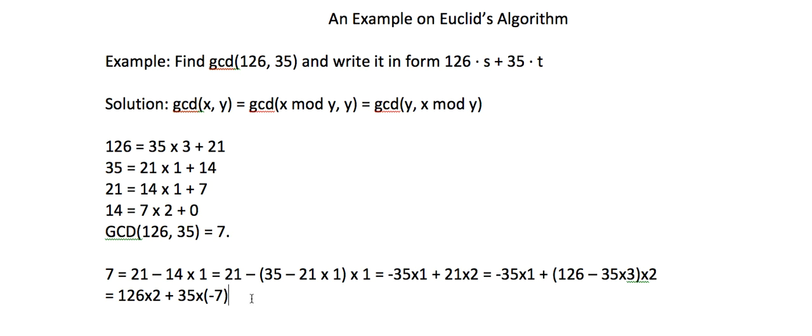So in total it is 35 times negative 7. Equivalently, it is 252 minus 245, which is 7. But we write it as 126 times 2 plus 35 times negative 7. So your s is 2 and t is negative 7.